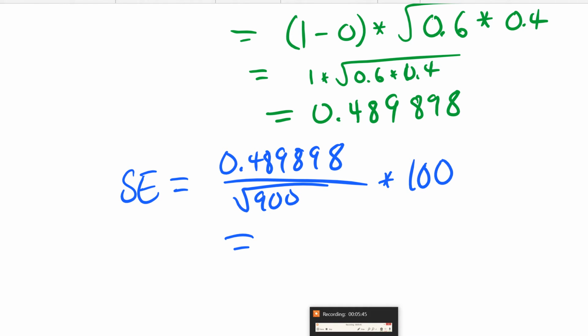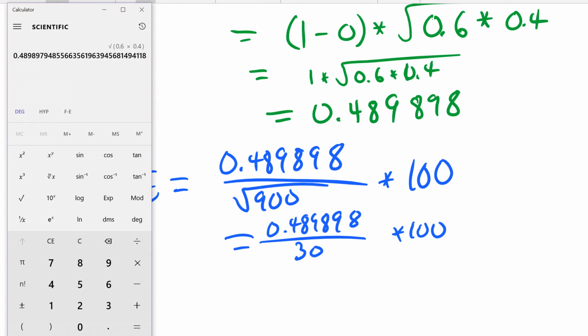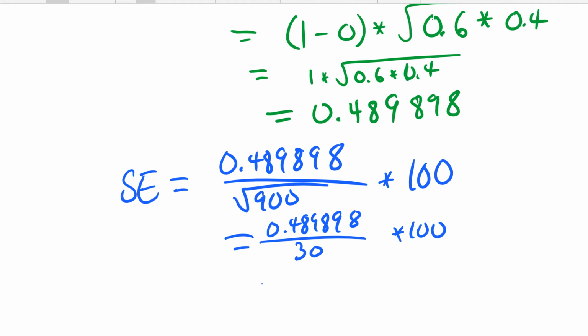The square root of 900 is 30. Let's go ahead and plug that into the calculator. We divide by 30, and let's multiply by 100. And our answer is 1.63%.